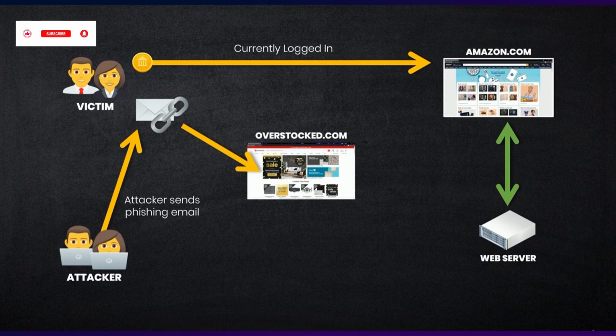The victim will click on that link and they are taken to that malicious site, and it looks exactly like overstock.com. But what they don't know is there is a hidden form inside that website that contains a script that's going to buy something from Amazon.com.